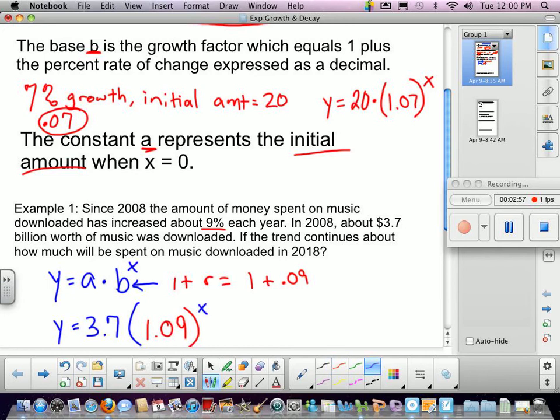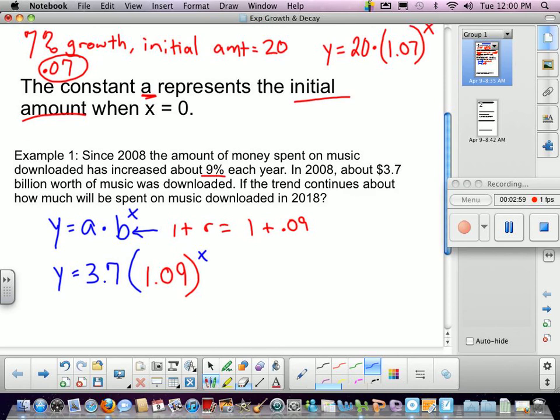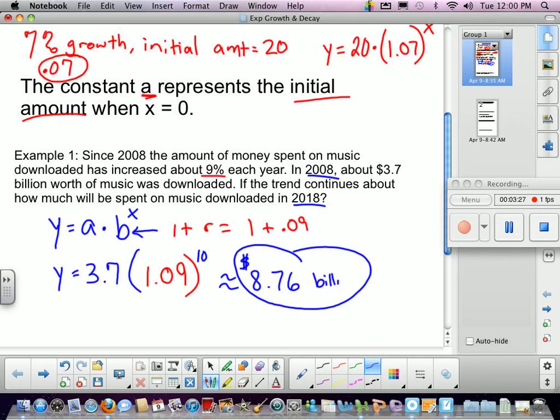Okay, but we actually know x in this problem, so instead of leaving it as x, let's go ahead from 2008 to 2018, which is going to be 10 years. So we substitute that in, and we end up with approximately $8.76 billion worth of downloaded music approximately in the year 2018.